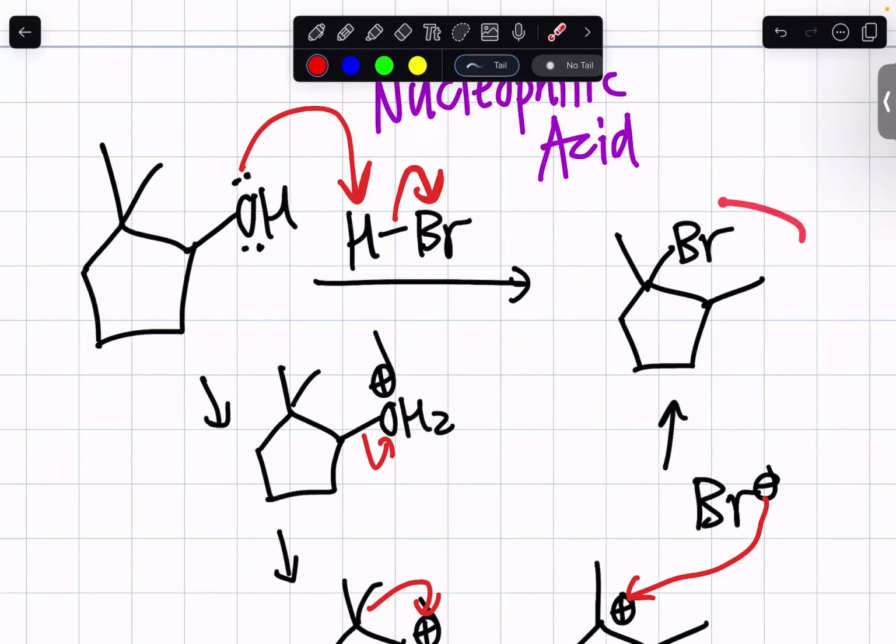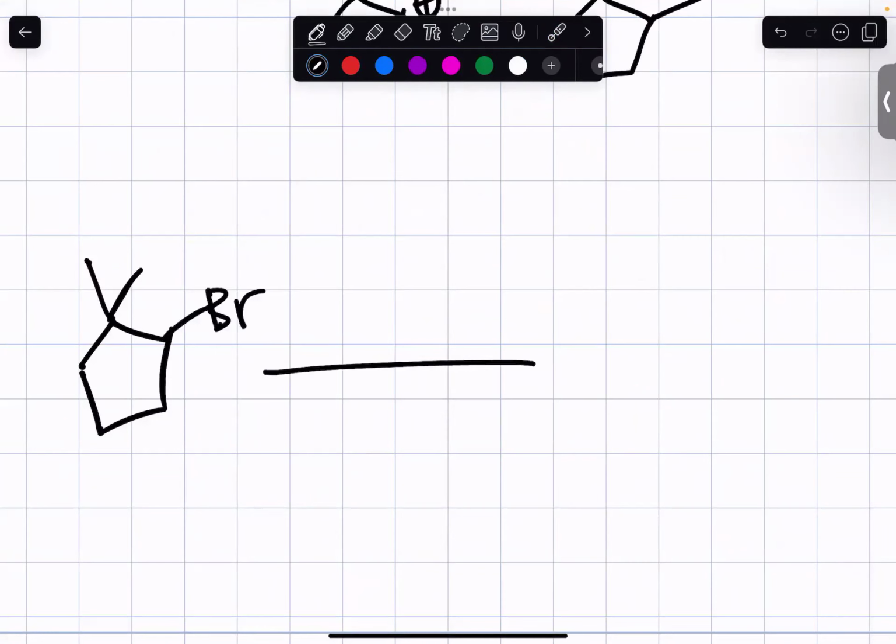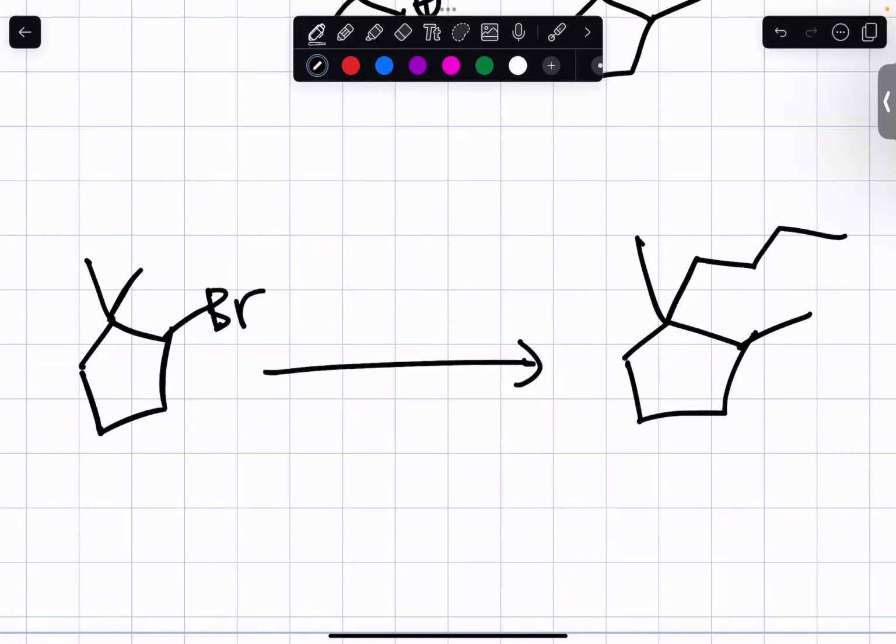And this reaction here could be used if, let's say, we start from here and went all the way to this, and then do like that.